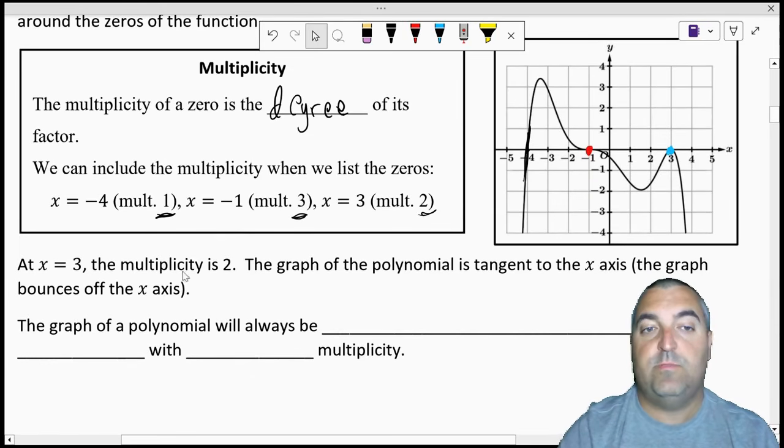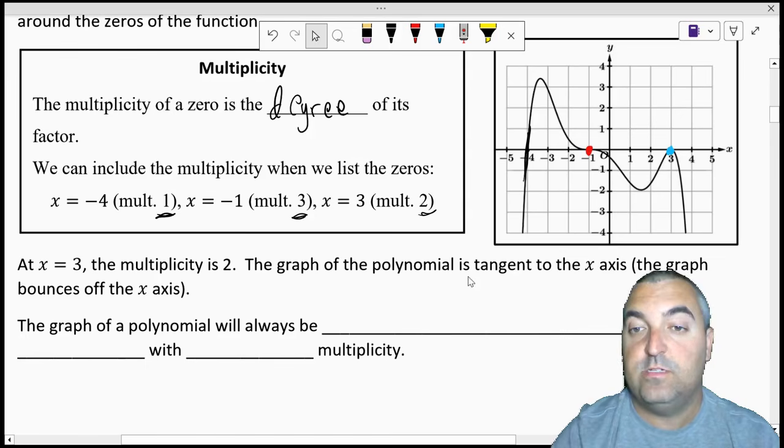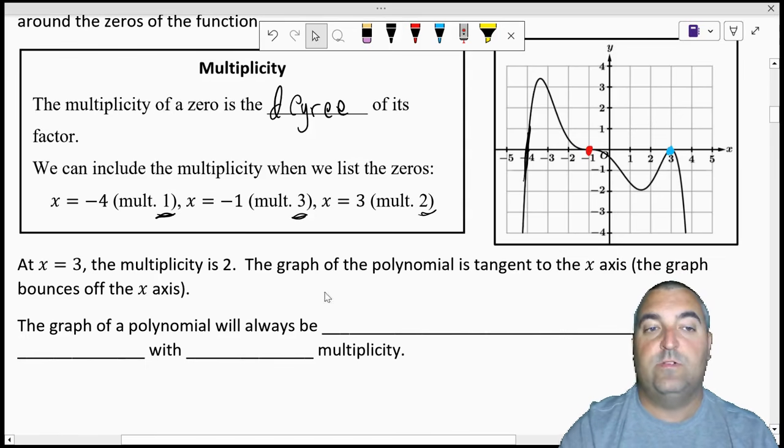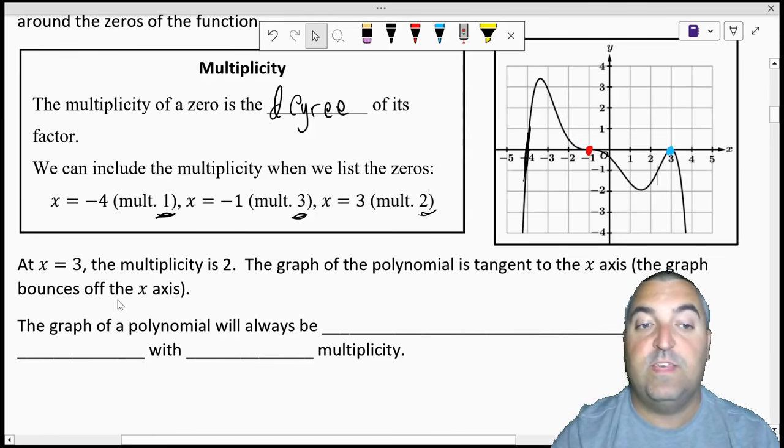So at x equals 3, the multiplicity is 2. The graph of the polynomial is tangent to the x-axis. In other words, the graph bounces off the x-axis.